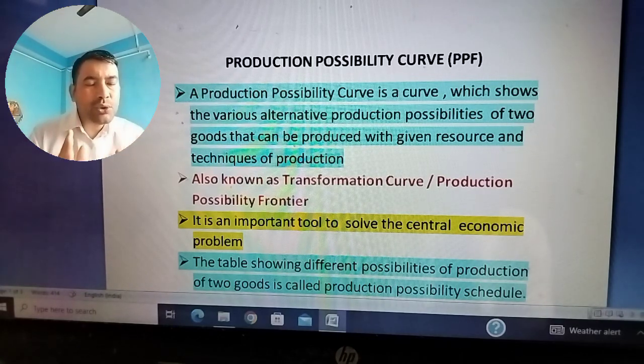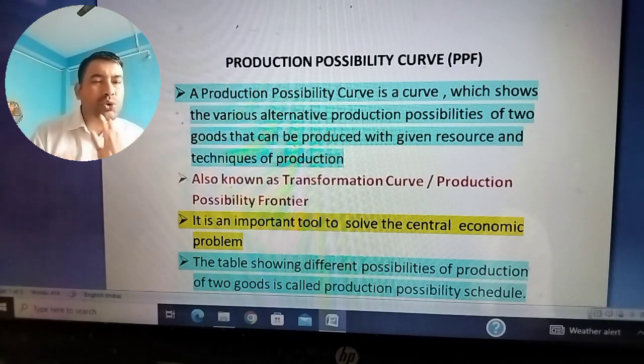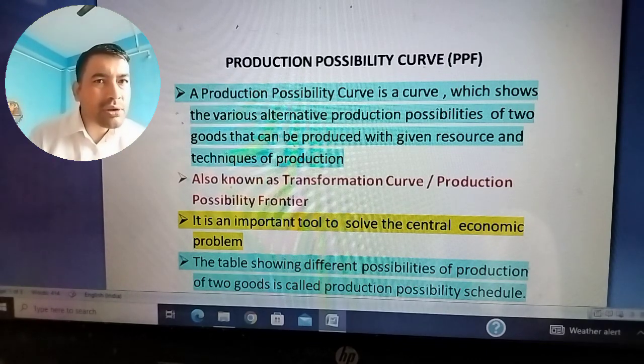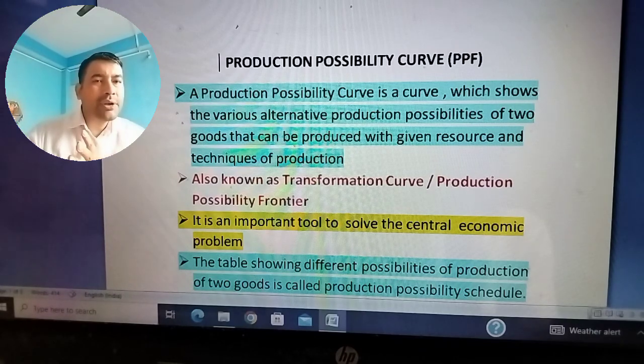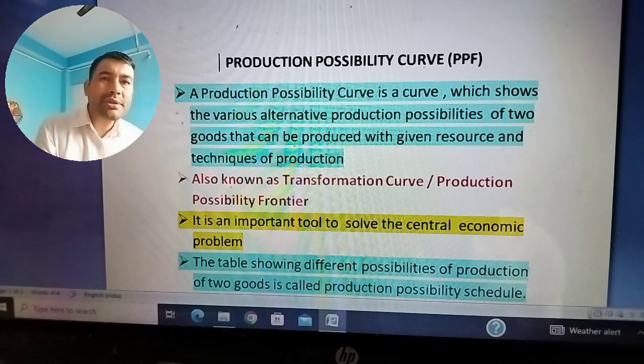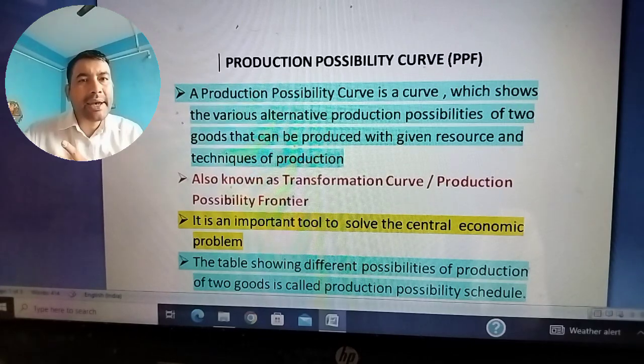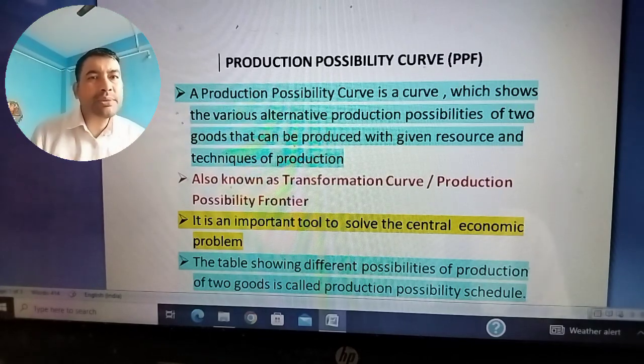So if we use that resources, then we may get different combinations of the two commodities that can be produced with the help of that resources or with the help of technology. That is, if you can produce 5 units of X and 3 units of Y, or 7 units of X and 2 units of Y, that will be the different combination.